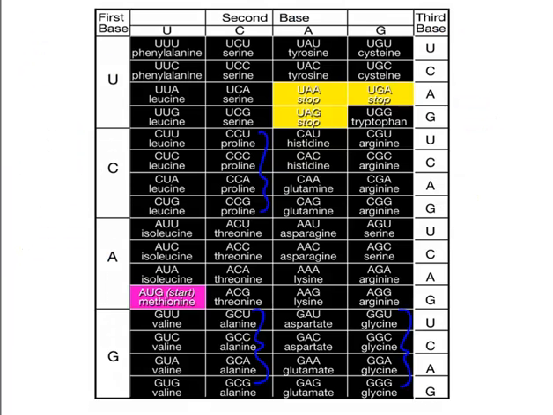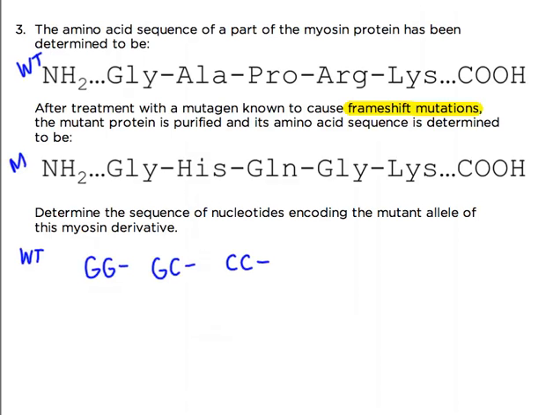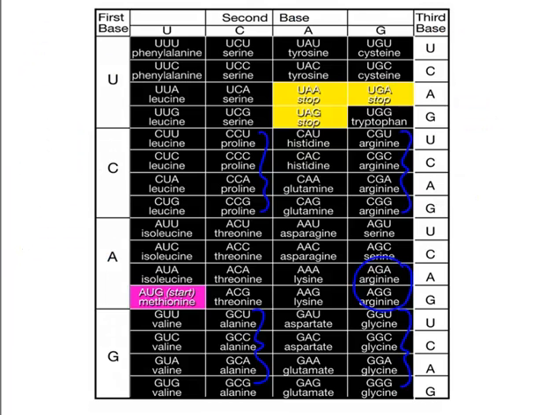And then arginine. Let's see. So we have 2 arginines down here, and then we also have 4 arginines up here. So we're going to write this as either CG dash, so we'll write that first, but then it could also be AGA or AGG.